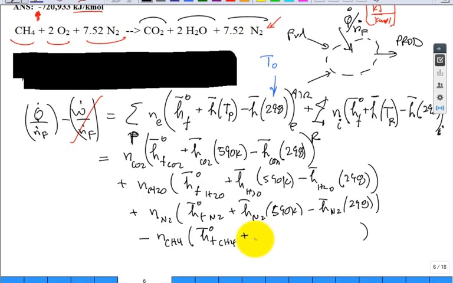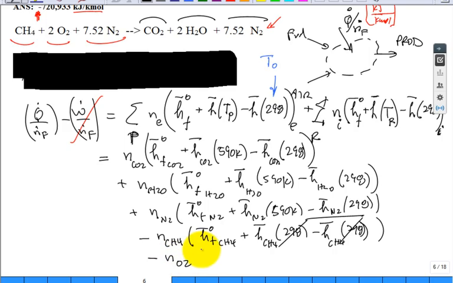The enthalpy of the CH4 on a molar basis at the temperature at which it's coming in, 298, minus the enthalpy of the CH4 at the reference temperature, 298. Look, that's why they cancel. All right, let's continue on. Minus the stoichiometric coefficient in front of the oxygen, the enthalpy of formation of the oxygen plus the molar enthalpy of the oxygen.